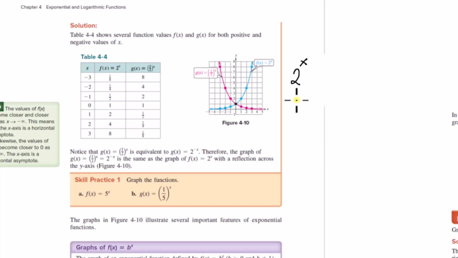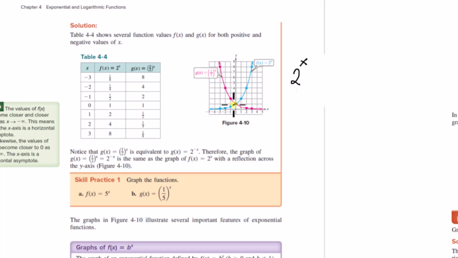But no exponential function can have a base 0. So any raw exponential function with no transformations applied to it is going to pass through the y-axis at y equal to 1. So it's going to have a y-intercept equal to 1. And that's what we see here for both curves.